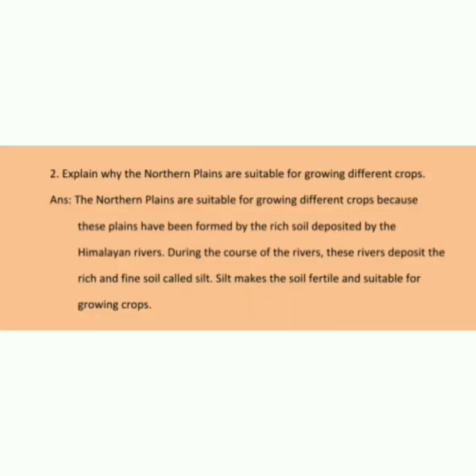Answer. The northern plains are suitable for growing different crops because these plains have been formed by the rich soil deposited by the Himalayan rivers. During the course of the rivers, these rivers deposit the rich and fine soil called silt. Silt makes the soil fertile and suitable for growing crops.